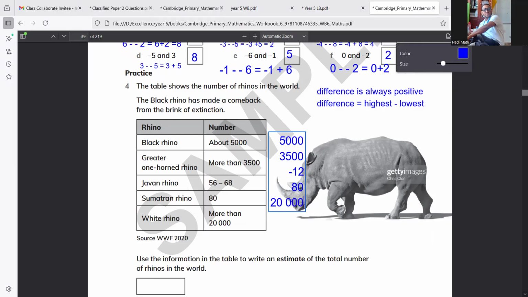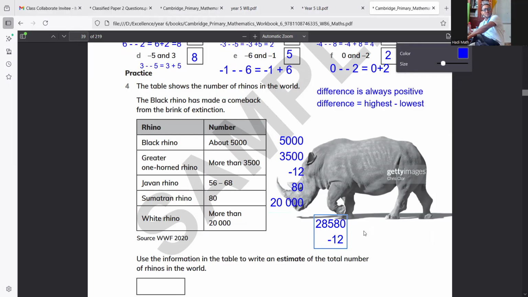You can add them: 20,000 and 5,000 is 25,000. And then 3,500 gives 28,500, then 28,580. Take from them the -12 because it's a different sign.